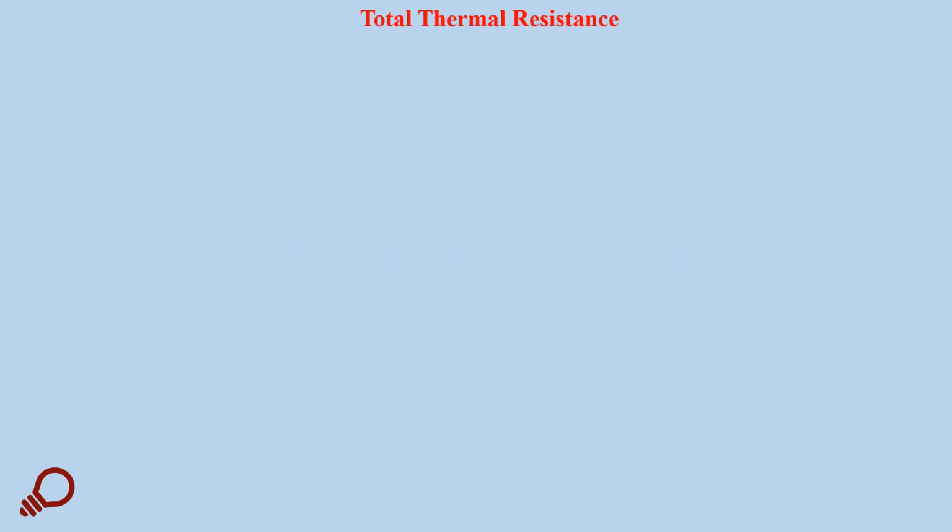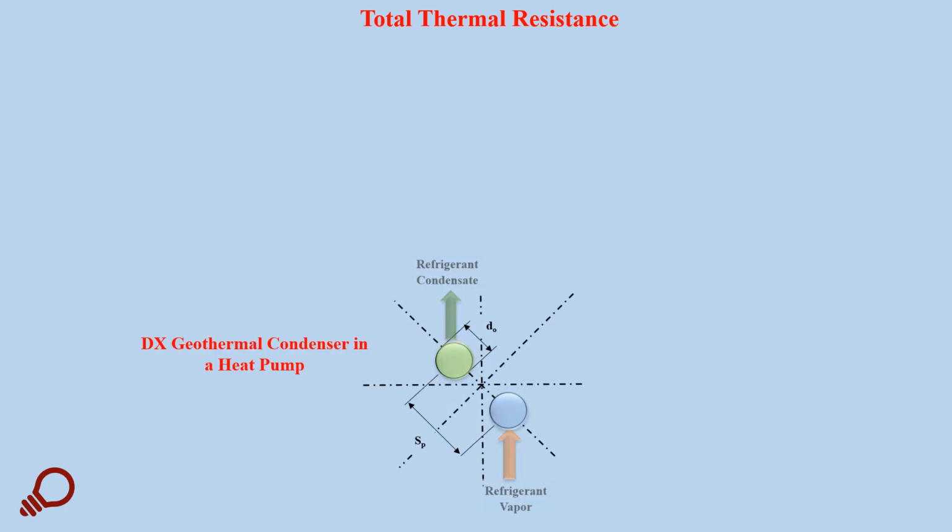To estimate the total thermal resistance of the borehole, let us consider this single tube arrangement where refrigerant vapor enters the heat exchanger at one leg and leaves as a condensate through the second leg, and then it will be called the DX geothermal condenser in a heat pump, as there is no intermediate fluid to be circulated between the heat exchanger and the rest of the components of the heat pump, because only Freon will be circulated between the heat pump and this heat exchanger in the ground.